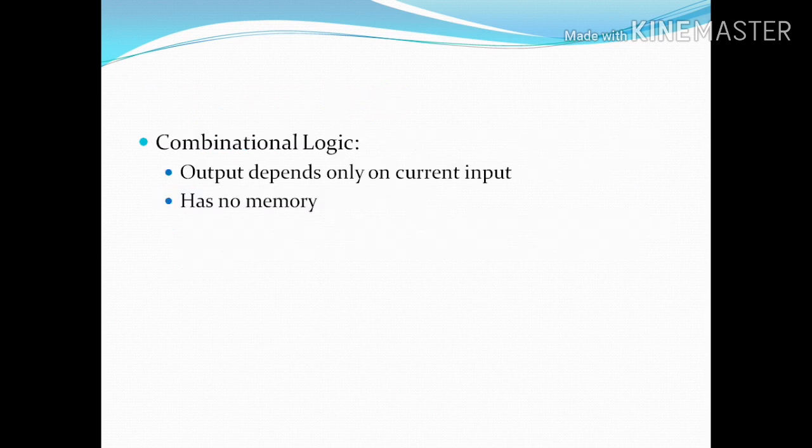Let's repeat once more. Combinational circuit output depends only on the current input and has no memory. So combinational logic is clear now, I think. It only depends on current input, has no memory, so it does not depend on previous output at all.